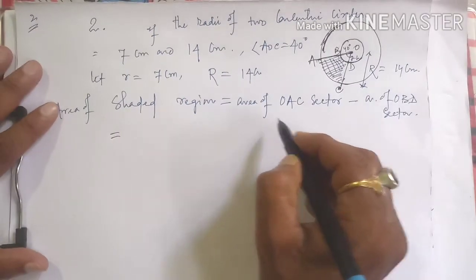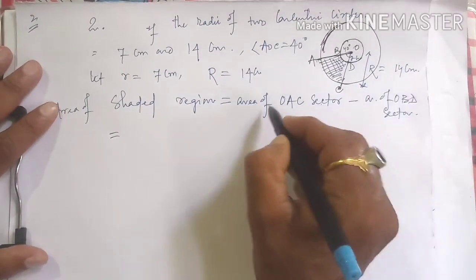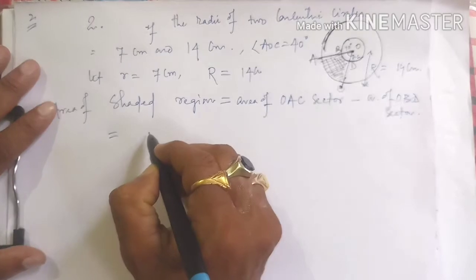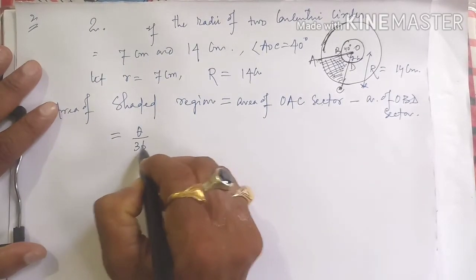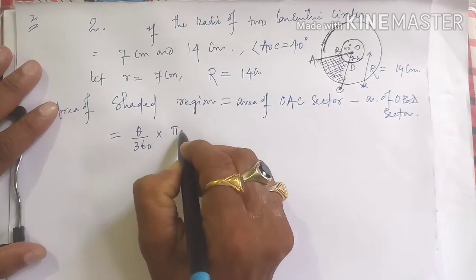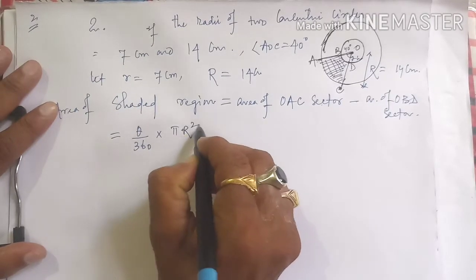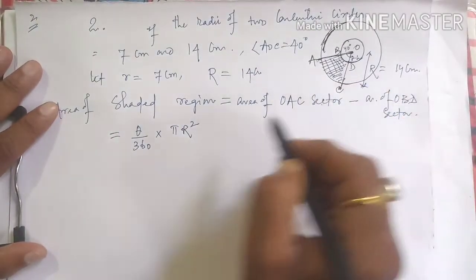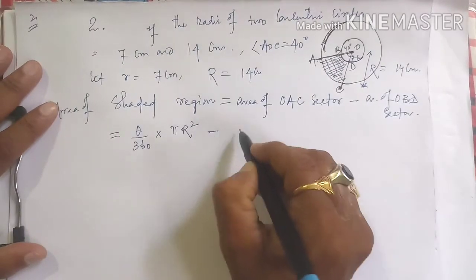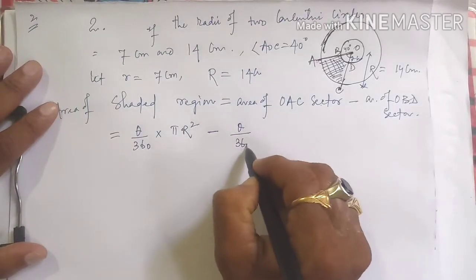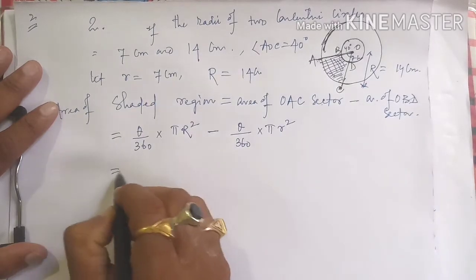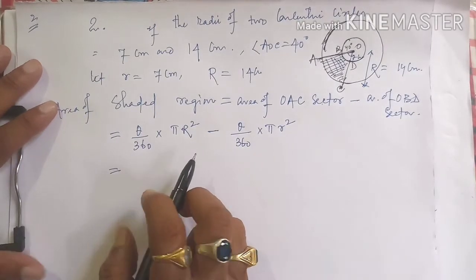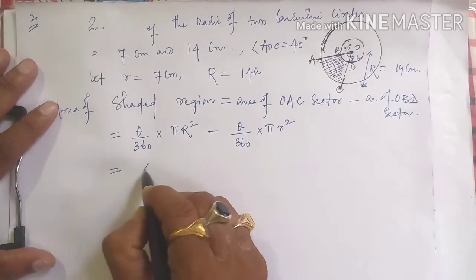So as we know, the area of sector is theta by 360 into pi r square. I am taking here capital R square because it's the big circle having radius capital R. Now it is theta by 360 into pi small r square. As theta is common, that is 40 degree.